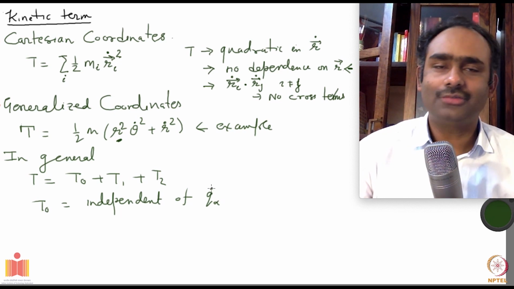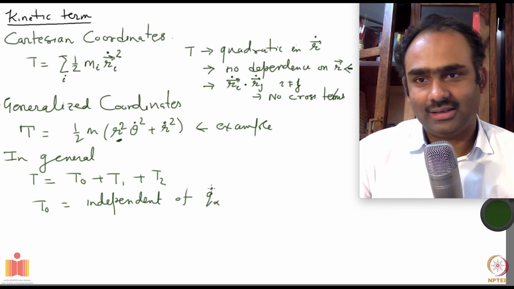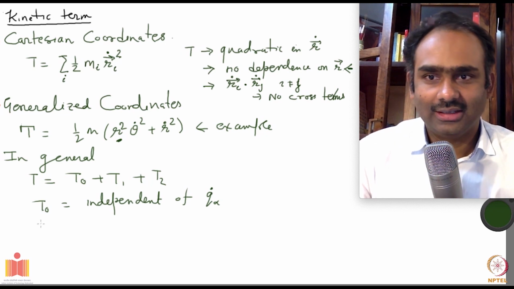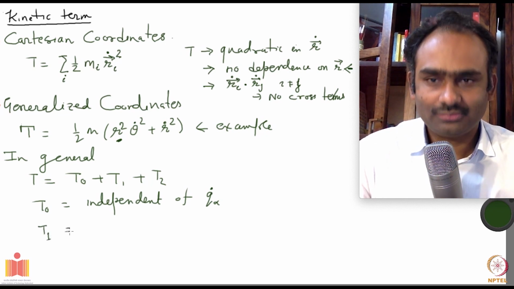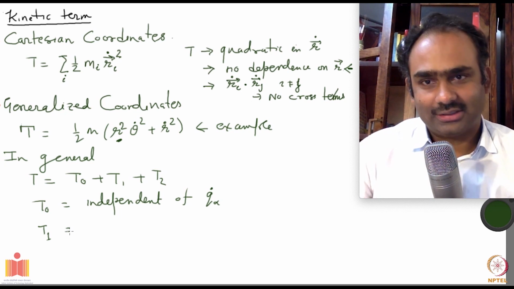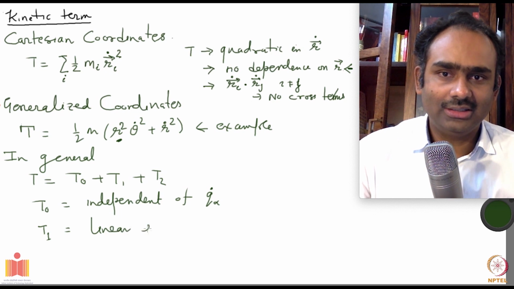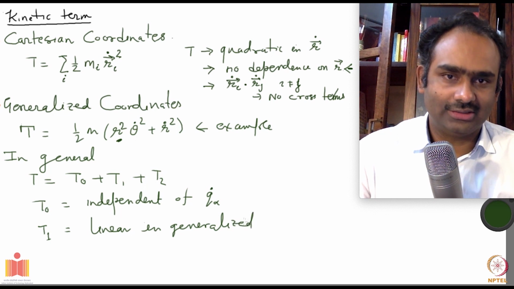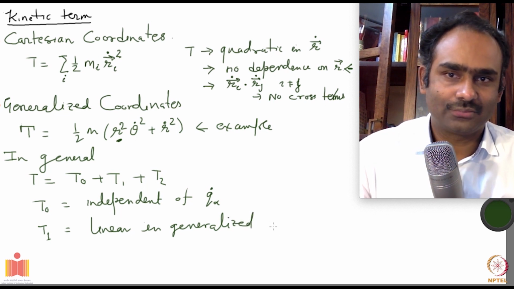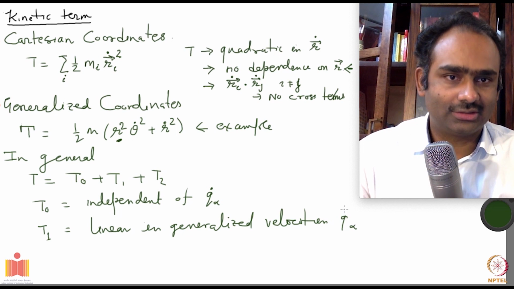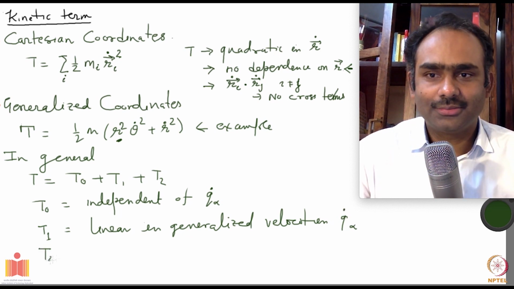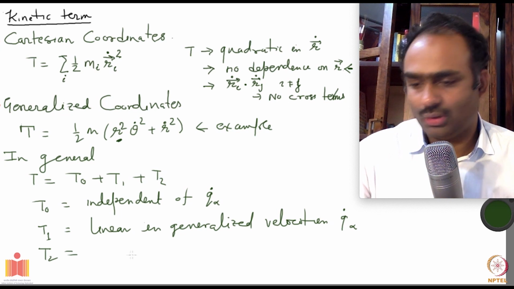So it will be independent of all the generalized velocities, and that is what 0 signifies. T1 is a term which will be linear in generalized velocities, which is q alpha dots. Then T2 will be quadratic in q dots.